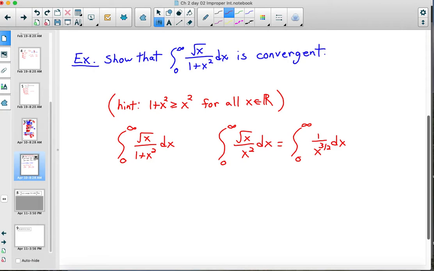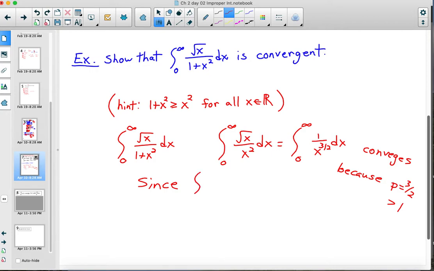I already know that this one converges to a finite value because it's one of those 1 over x to the p integrals, and p is equal to 3/2, which is greater than 1. So from what we proved before, since 1 over x to the 3/2 converges, usually you'll write a couple of sentences explaining the logic behind this.